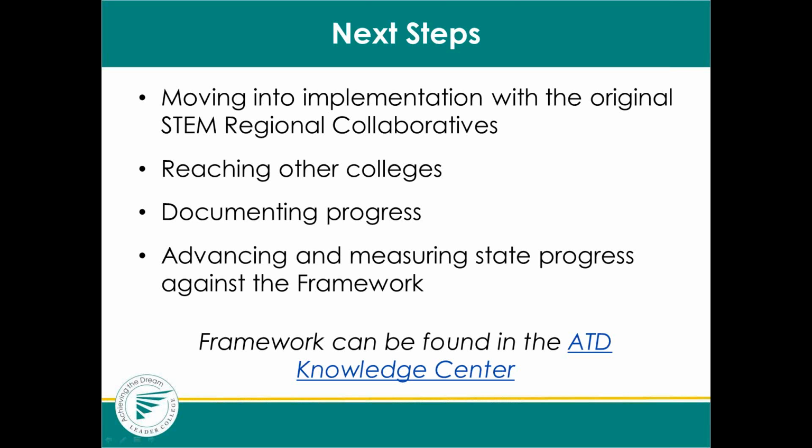We will continue documenting progress and releasing briefs and publications into the field so that this model can be used and replicated in other places. And we will be using an assessment instrument to advance the state's progress towards their work plan goals as outlined in the framework in the document.